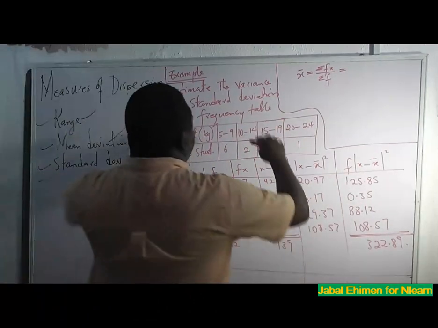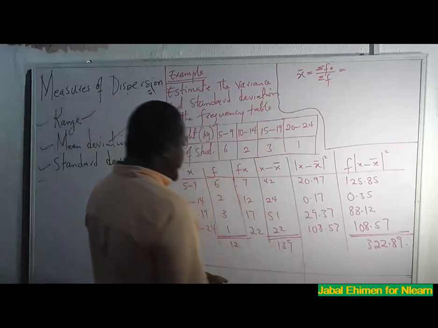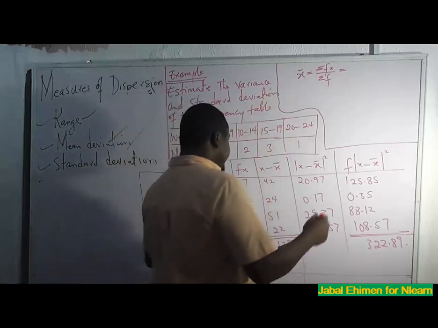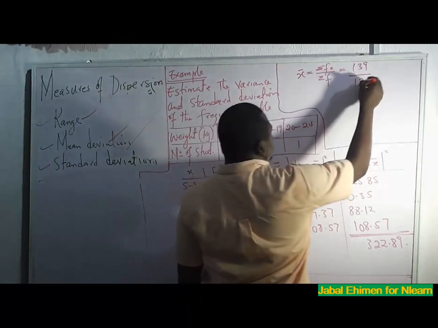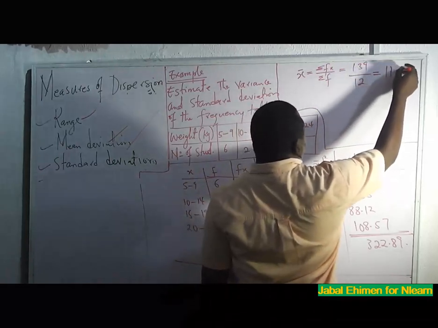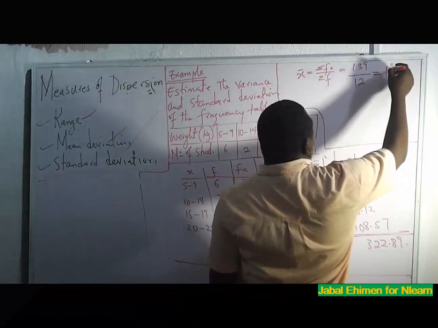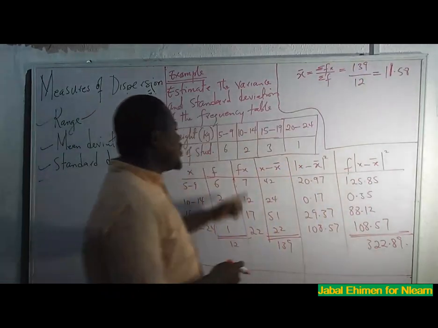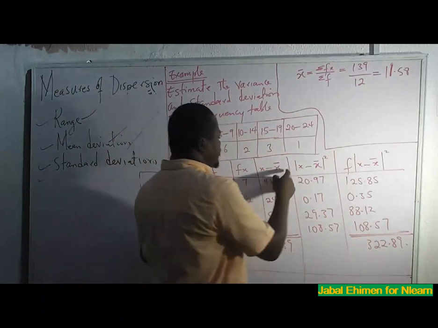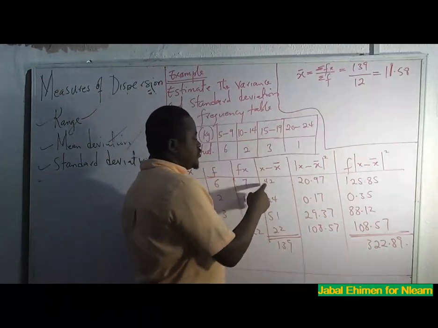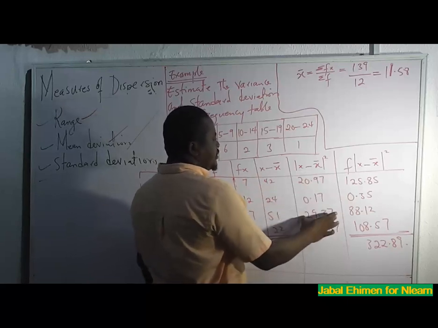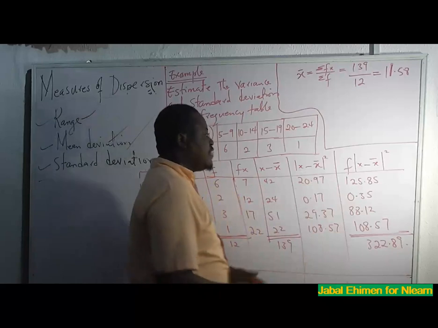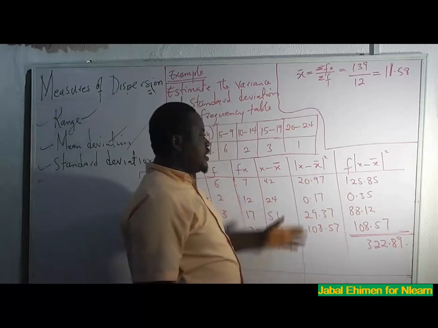By the time you take that together, you'll be able to get your value of the mean. So that gives us a value that is very direct. From there, my value is 139 divided by 12, which is 11.58 approximately. Then you start subtracting your values, x minus the mean.